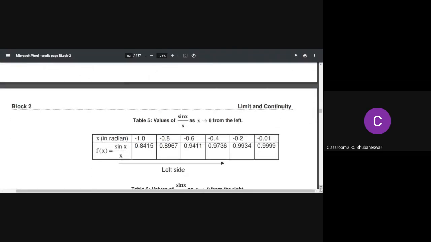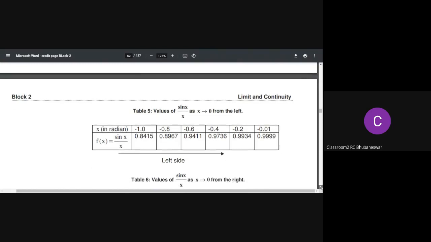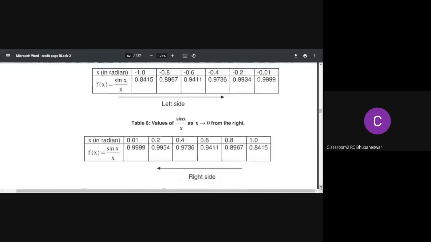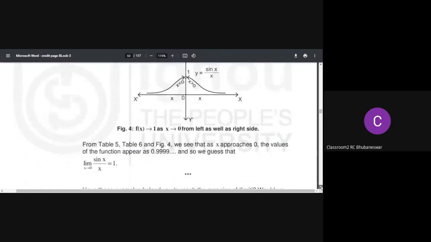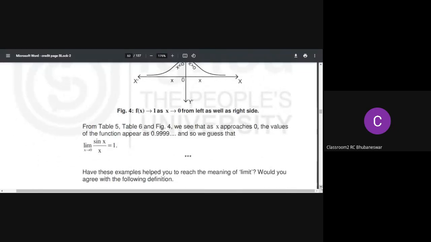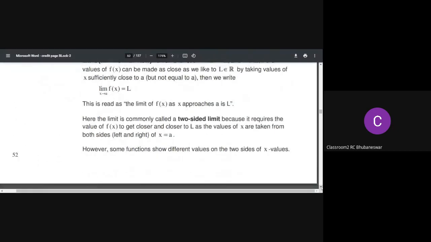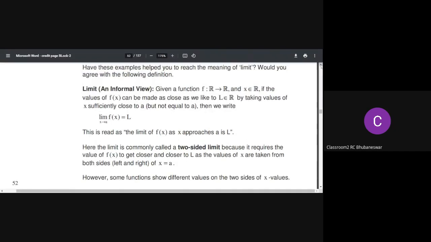So some other examples are given. So here all the students are advised to go through all the examples carefully for the better grip on this particular definition. So now let us discuss the formal definition of limit.